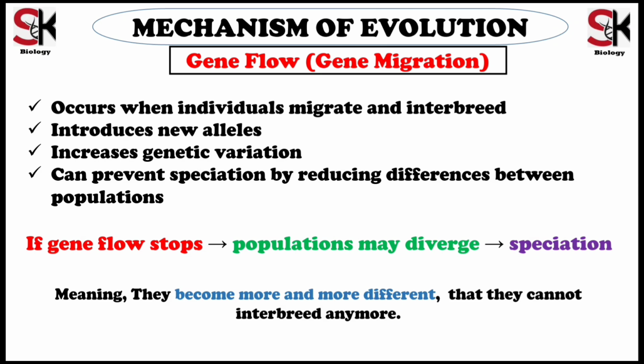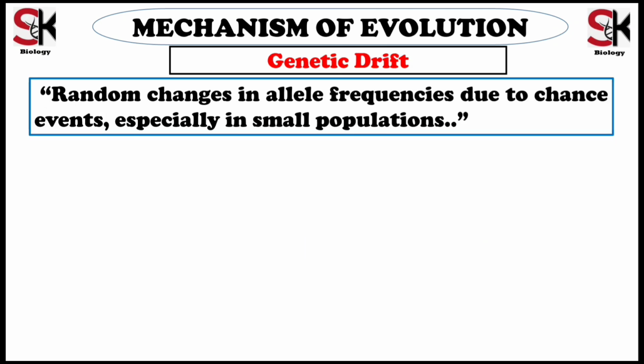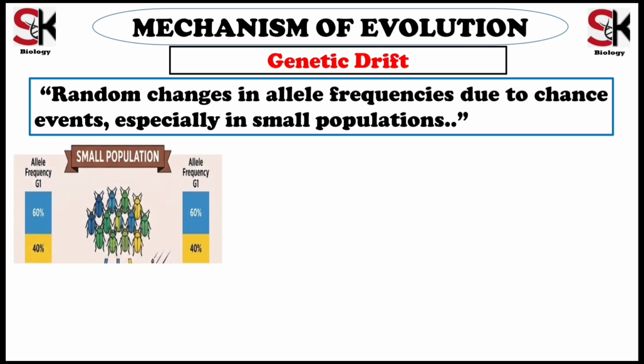Now let us start understanding genetic drift. Genetic drift is defined as random changes in allele frequencies due to chance events, especially in small populations. Let us understand it with an example. Here I have shown a small population of beetles, in which yellow colored beetles are around 40% in generation 1.